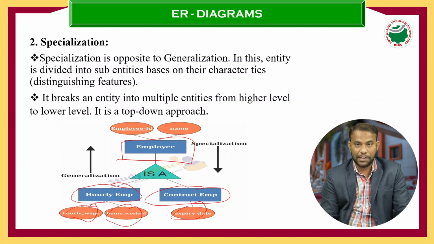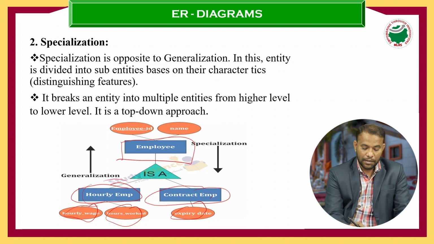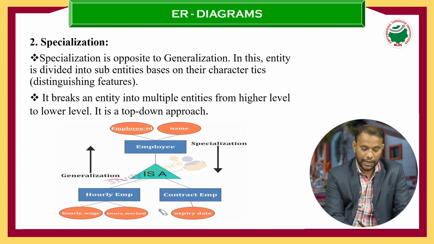Next, specialization. Specialization is the opposite of generalization. In this, an entity is divided into sub entities. So it is the reverse of generalization. In generalization, what are we going to do? Suppose if you have multiple entities, we convert them into a single entity. Whereas in specialization, here we have a single entity.